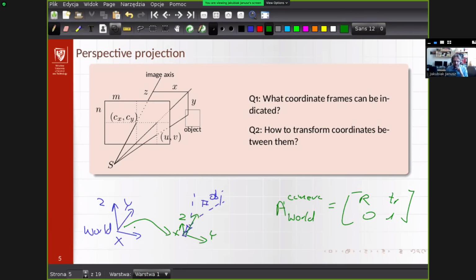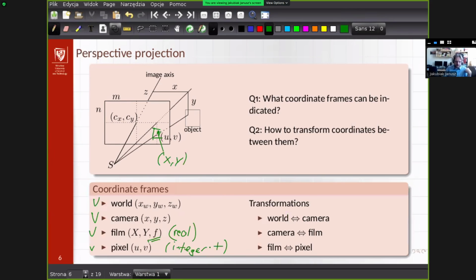The global coordinate system is like the base of the robot, and the local coordinate system of the camera is somewhere in one of the joints. That's exactly the way that we were doing that. Of course, not the only approach, but the one that you should know. A 4x4 matrix, a rotation part and a translation part, and then you can transform the position of objects between local, with respect to the camera, and global, with respect to the world, depending on the position of the camera. Those are just the transformations that you already know.